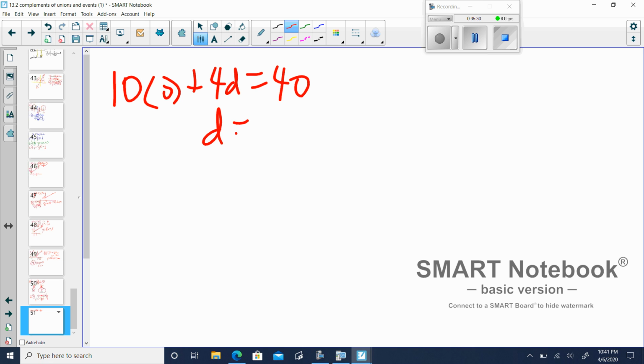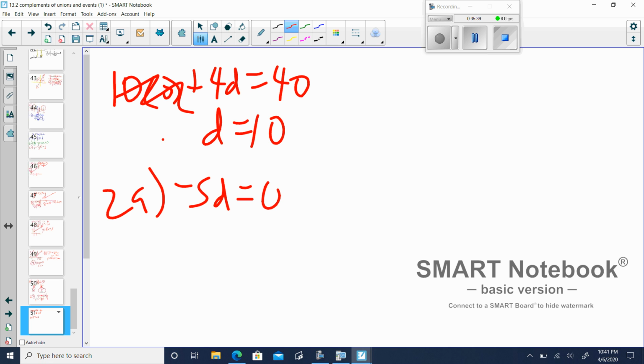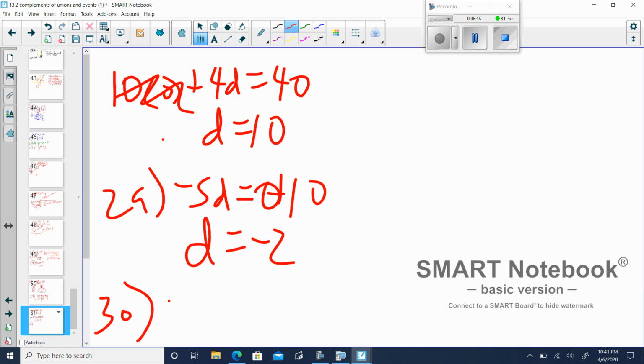So D is equal to 10. That's 28. 29: -5D equals 0 plus 10. D equals -2. 30: 0 minus 6D equals 24. So D equals -4.